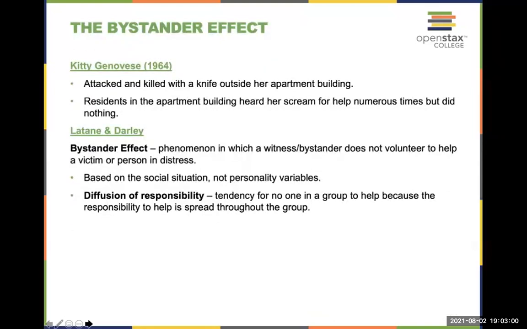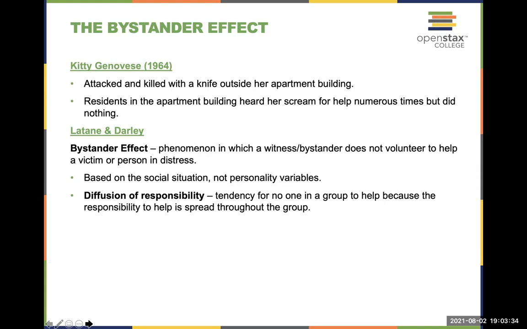And then another thing I wanted to talk about, there's the Kitty Genovese story, and this is from 1964. This emphasizes the bystander effect, which basically says that the more people that are around a situation in which someone else needs help, the less likely an individual is going to step up and actually help.